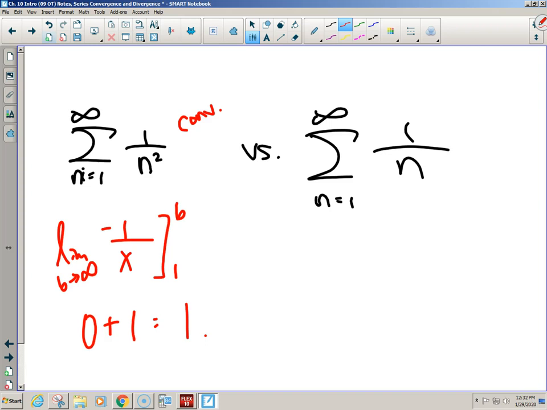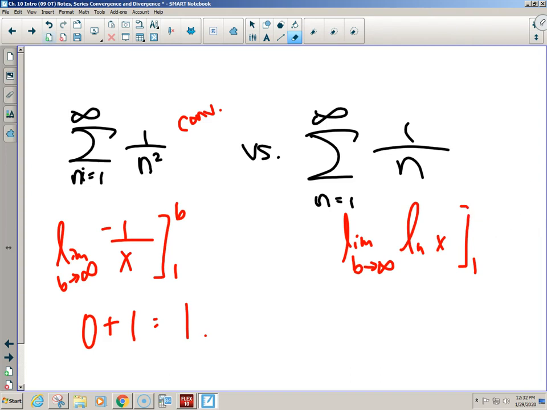But over here, what happens when I do the integral test? What was the limit of a sub n? 0. What was the limit of a sub n? 0. One of them diverges, one of them converges.